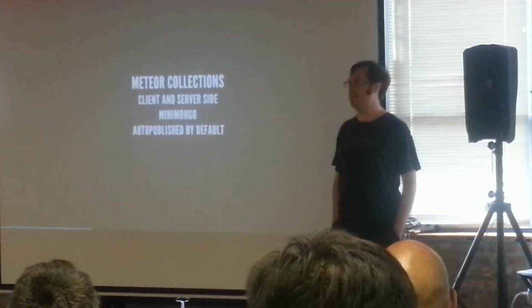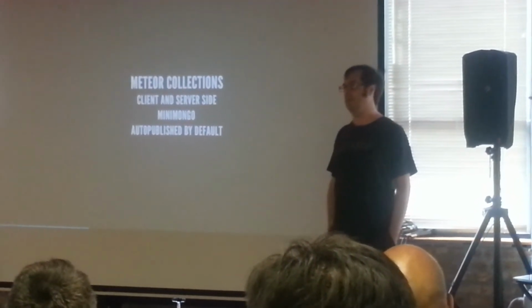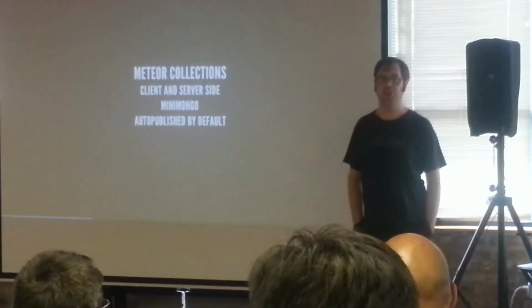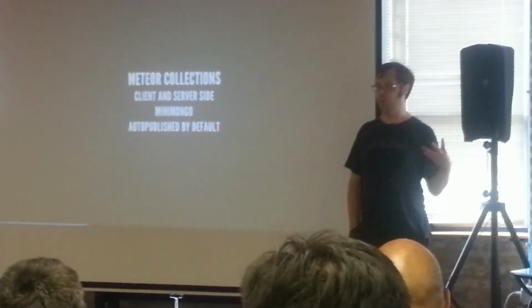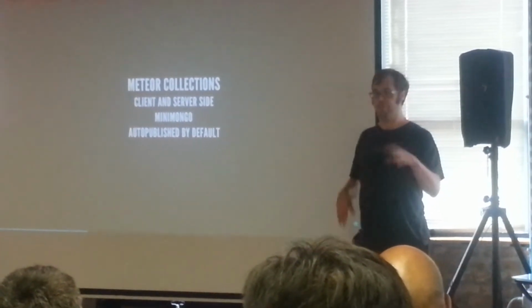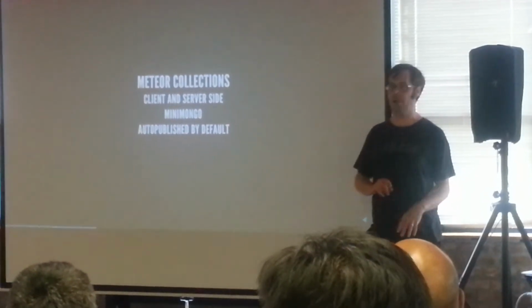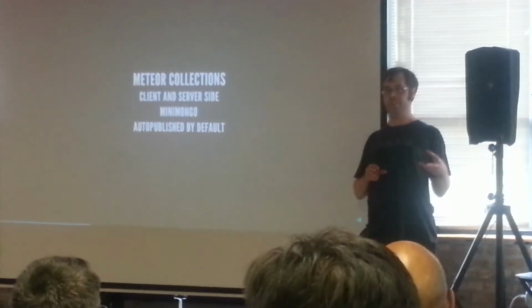Mini-Mongo is an implementation of almost all of the Mongo JavaScript API, but written in such a way that it can be used from the client as well as the server. So you can interact, as we'll see, with your Mongo collections from within your client code just as if you had a direct connection to Mongo itself. And Meteor will take care of everything under the covers to make that happen.